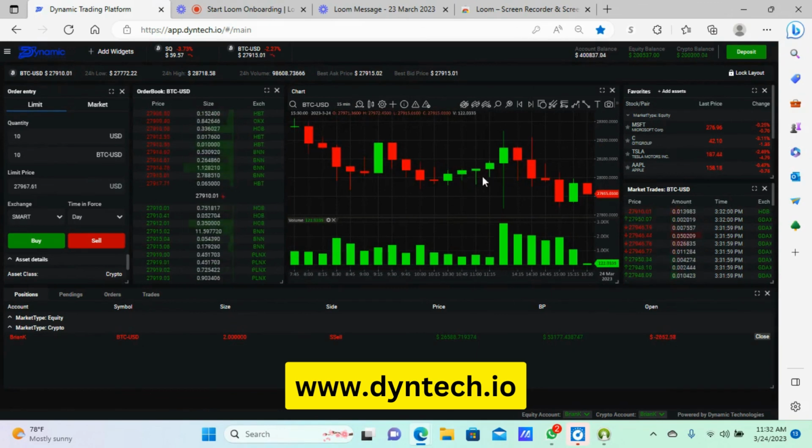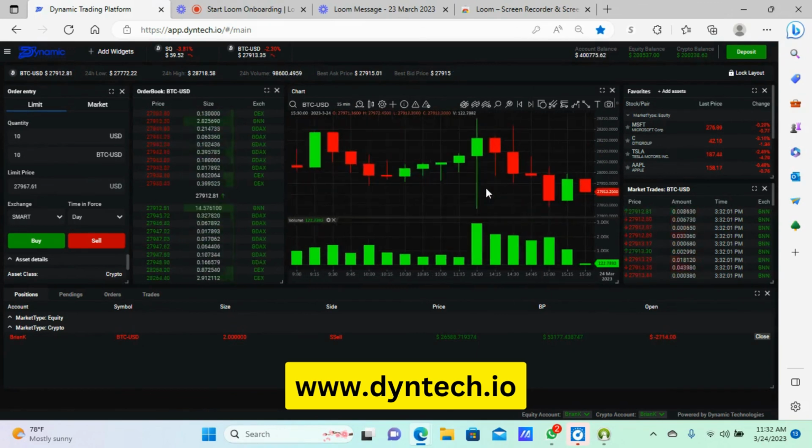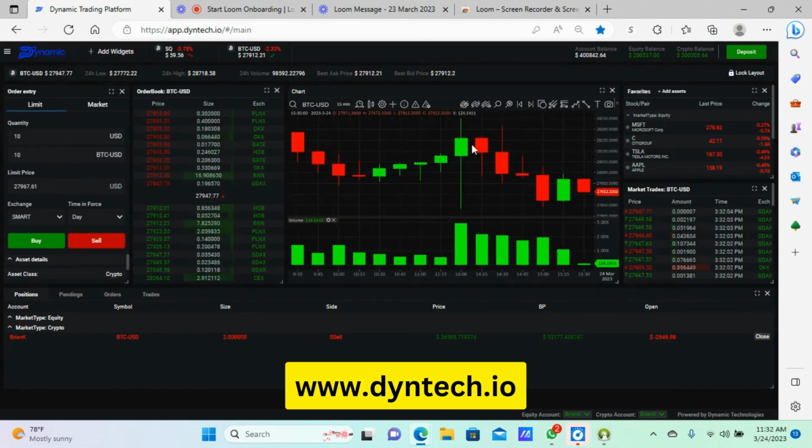And what I have here is candlestick patterns. And on the candlesticks, you'll be able to see the green bars would be up candles and the red bars obviously would be down bars.